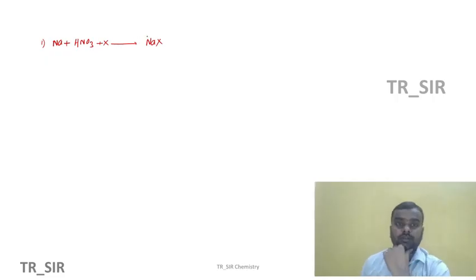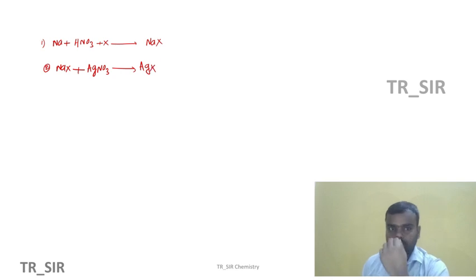Now, the second step: let us take the sodium halide. When you treat it with silver nitrate solution, it will give AgX plus NaNO3 in solution.